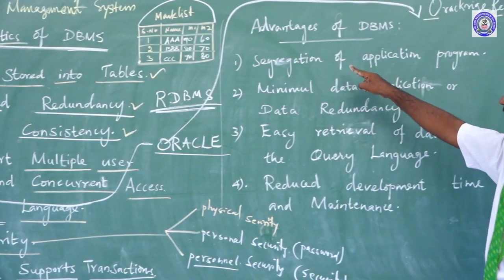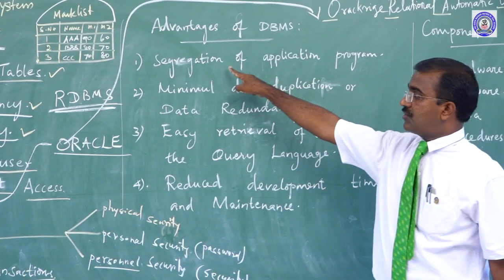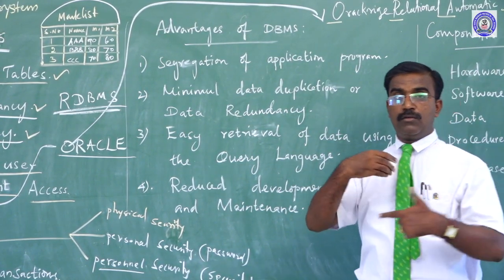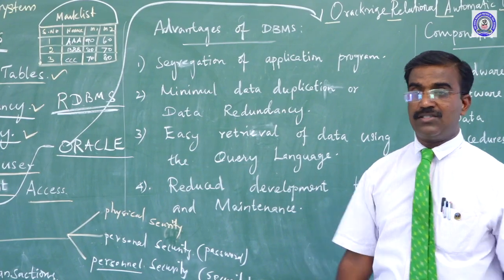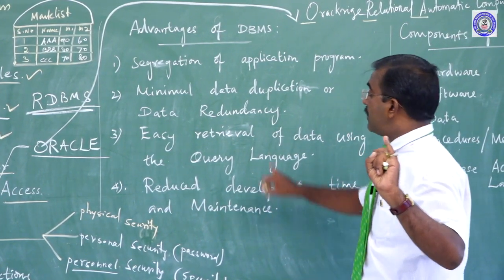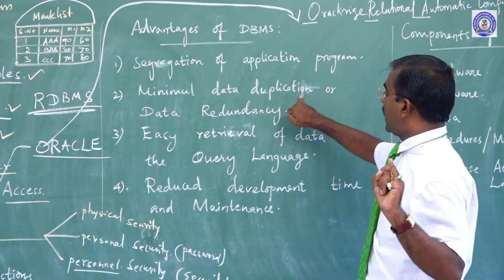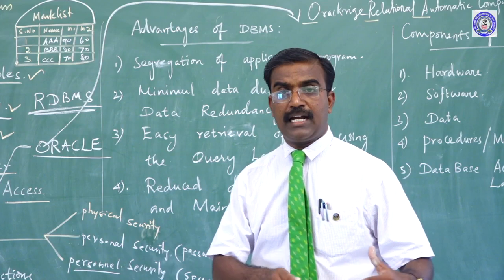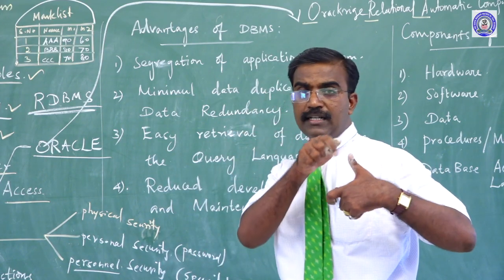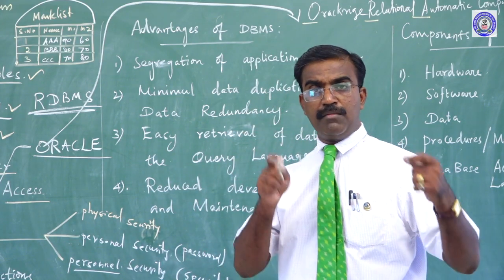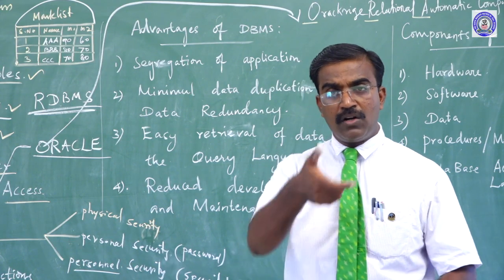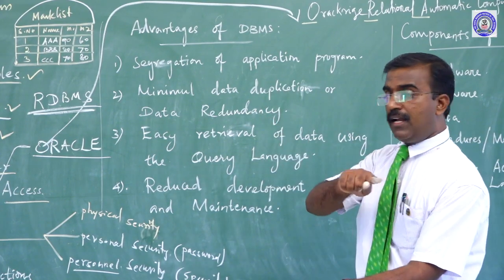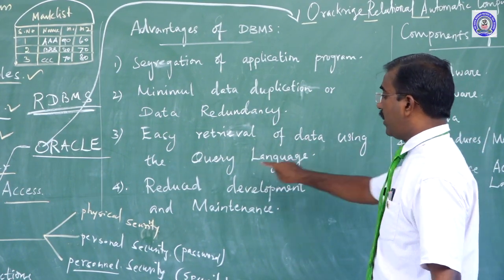Yes. Now can I say about the advantages of DBMS? In these advantages of DBMS, segregation is nothing but segregation of application programs. We give works and we segregate them. This is a main advantage. Minimal data duplication or data redundancy: whatever data we need, at that time the remaining data we hide. Whatever result we want, emergency, immediate and particular data we can search immediately, and then easy retrieval of data using query language.